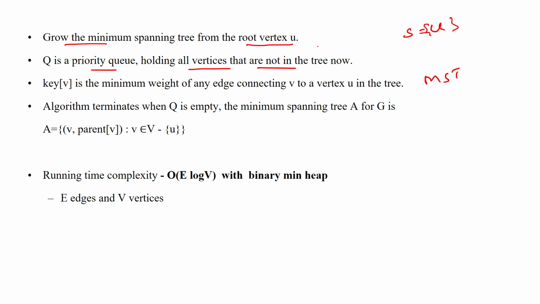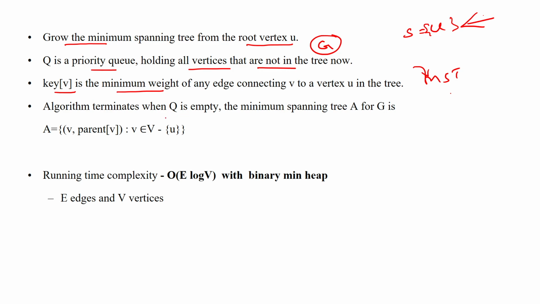Then the key of v is the minimum weight edge: the minimum weight edge from u to any other vertex will be selected and added into the minimum spanning tree. When adding the edge into the minimum spanning tree, you should take care that it does not form a cycle.